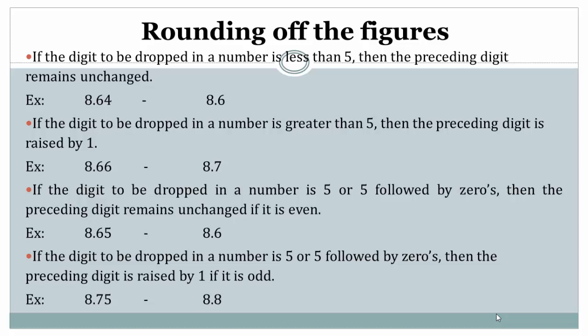The last digit is greater than 5 and hence the preceding digit is raised by 1 and it becomes 8.7. Similarly, if the digit to be dropped in a number is 5, then the preceding digit remains unchanged if it is even and it is raised by 1 if it is odd.